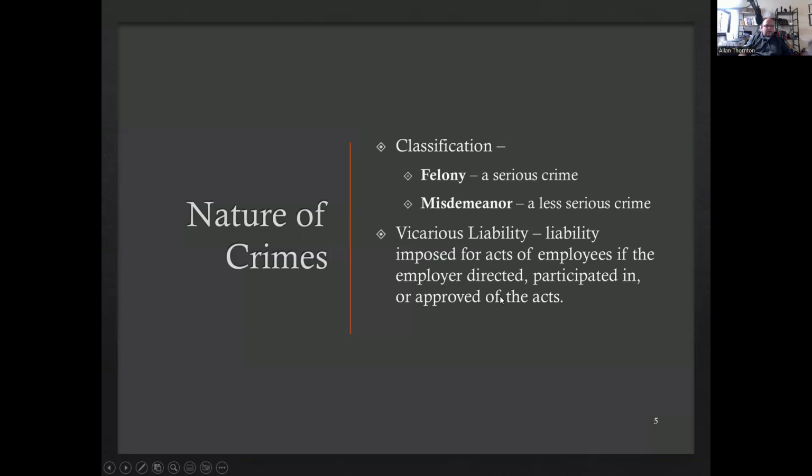We see this in larger corporations, and you will in smaller ones too, but it mainly comes in your larger corporations, where the individuals working for the corporation will do something that violates the law, and there will be an investigation done that will then show that their employer knew about it, maybe even directed them to it, participated in some way, but by their inaction, they basically approved of the act. And that is where they come into the issue with vicarious liability in businesses.